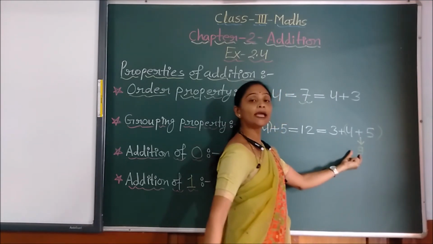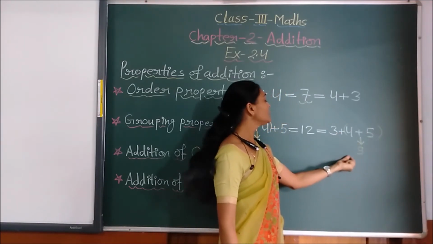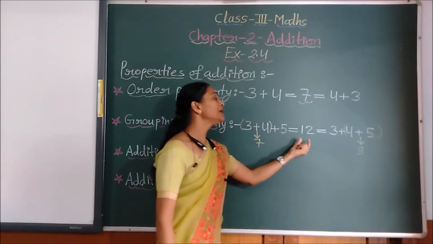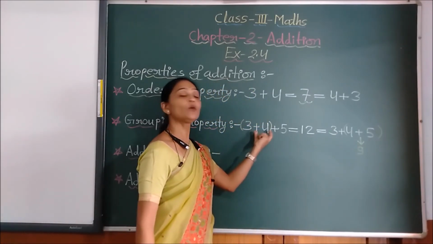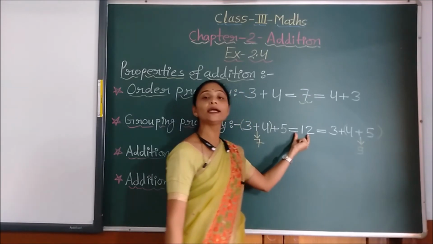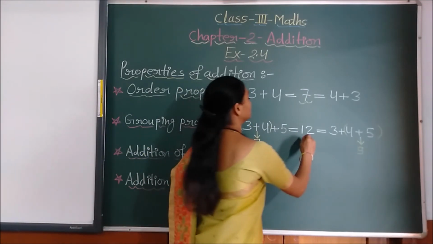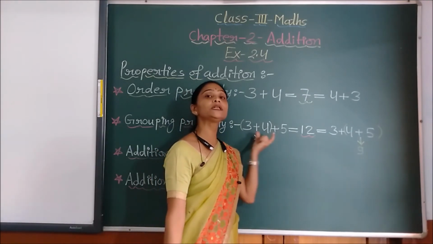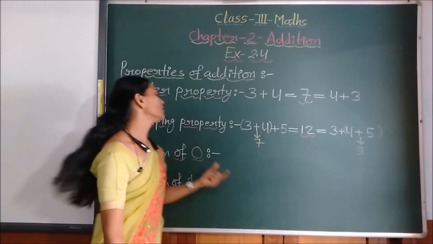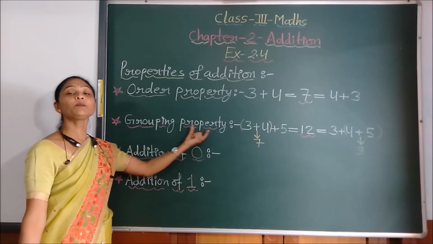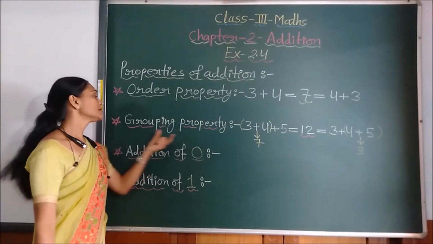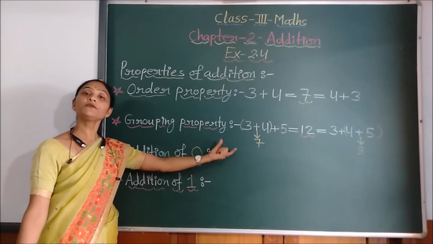Now with this 9 I will add this 3. 9 plus 3 again we got 12. Means if we are changing the group of numbers, then also we are getting the same sum. So this is called grouping property. You may change the groups of numbers.